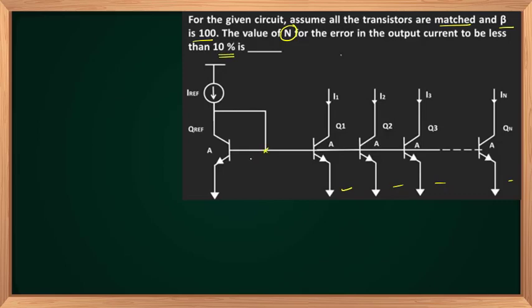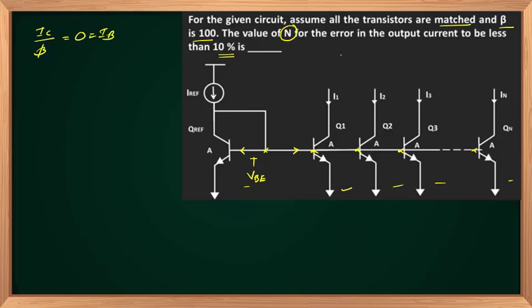The base emitter voltages of all transistors are the same, given the connections. So if they are matched with beta equal to infinity, the ideal case, then the base currents are equal to 0. As beta tends to infinity, IC upon beta tends towards 0, and that is my base current.